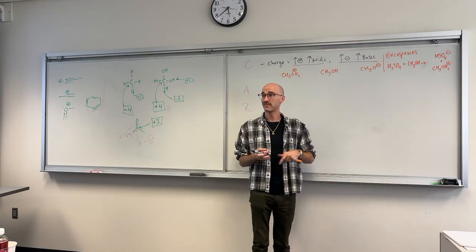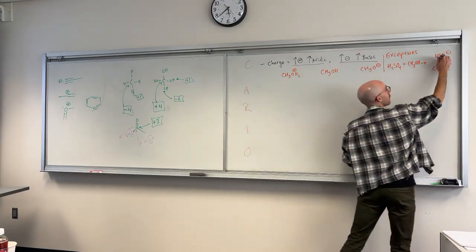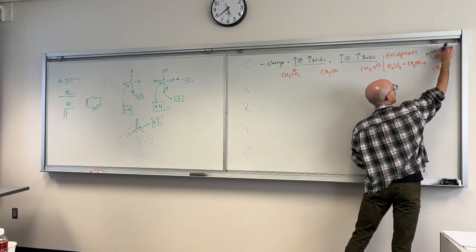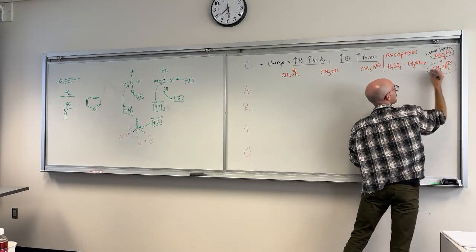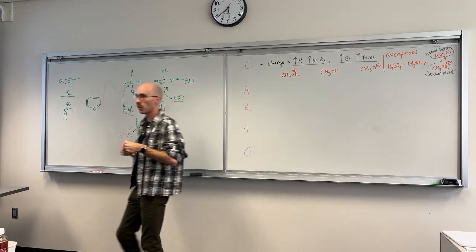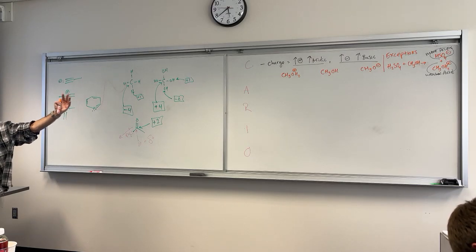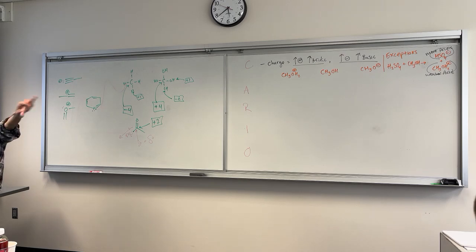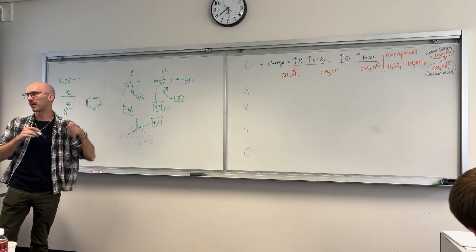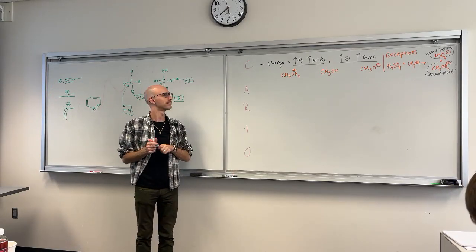In fact, comparing the pKa's of bisulfate and protonated methanol, this is still more acidic and this is a weaker acid. So, charge, not always the best rule of thumb. A lot of exceptions to it because a lot of things change acidity. But when comparing in a generally simple environment, where these are all the same species, just at different stages of protonation, then it's really easy to tell them apart. Is that okay? All right.